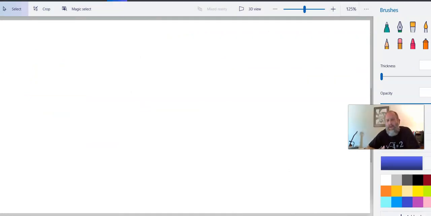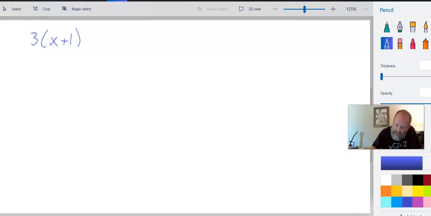Okay, now when it comes to equations, as I said before, the equal sign is what really makes the difference. If you have something like 3 times x plus 1 equals 6, right? This really is a sentence.